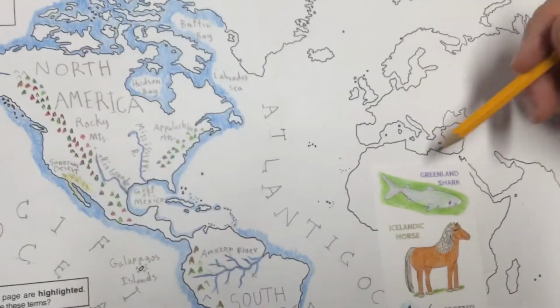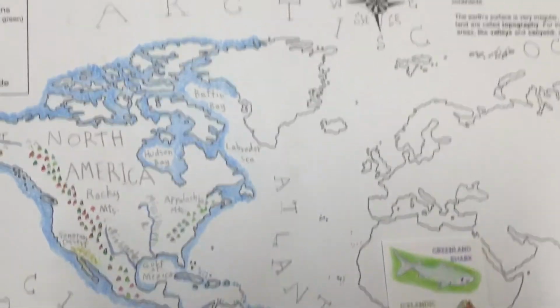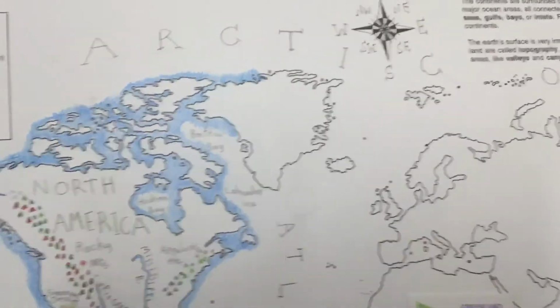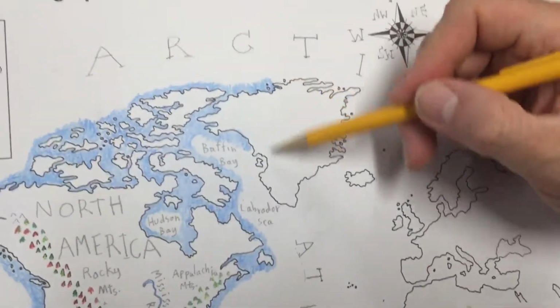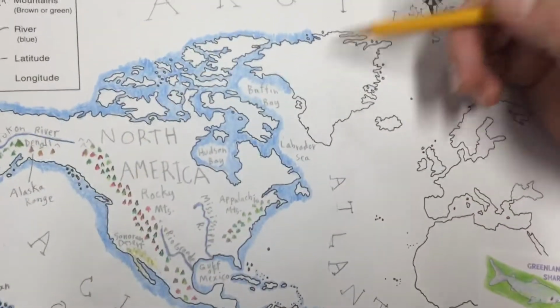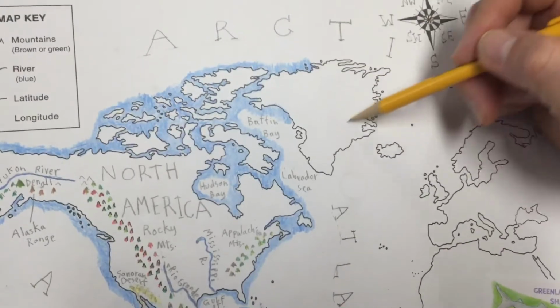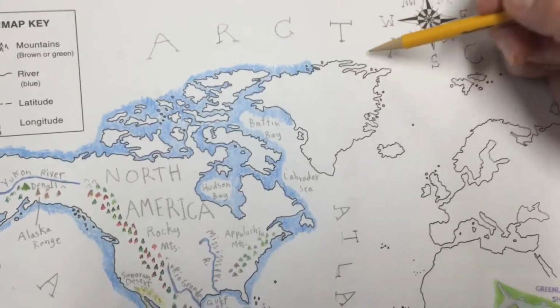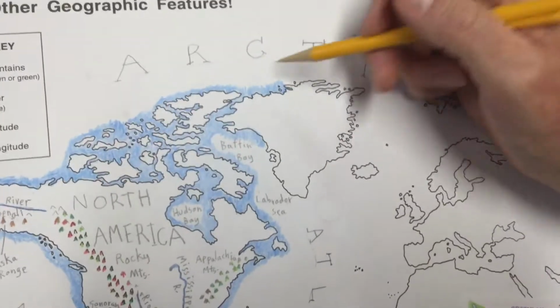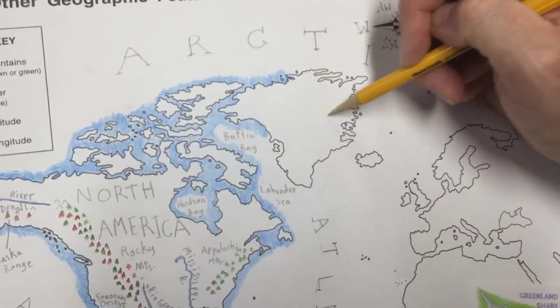The first one is Greenland, and that happens to be pretty easy to find on the map. It looks even bigger on the map because of a little bit of distortion on a flat map, but you can see it's a large island up along between the Atlantic and the Arctic Oceans. I think I have enough room to write it straight across.